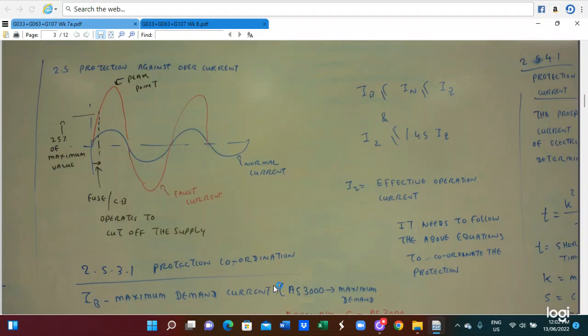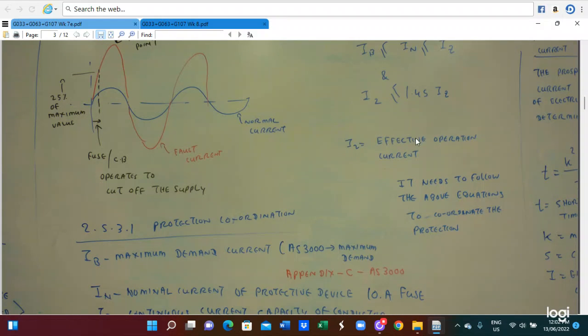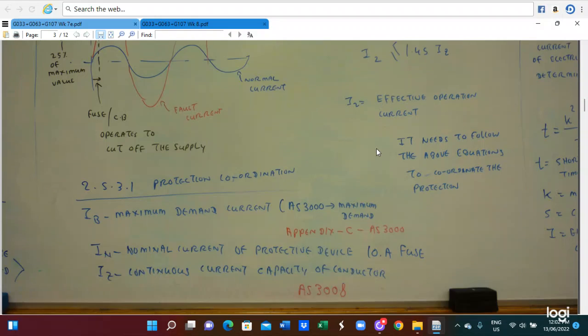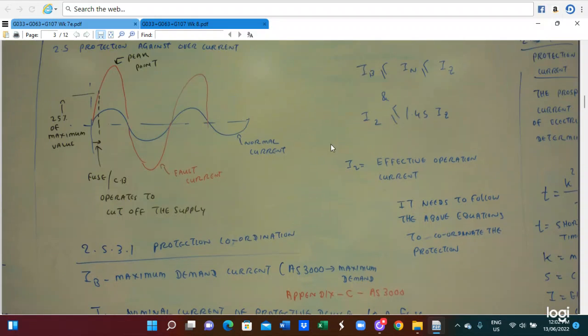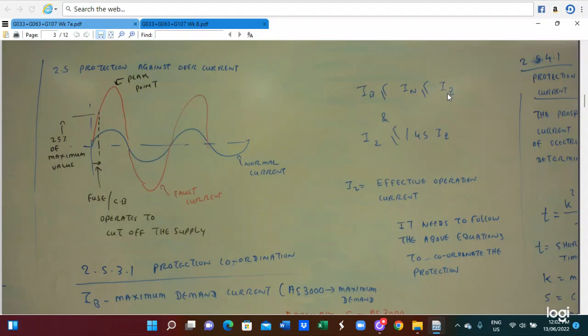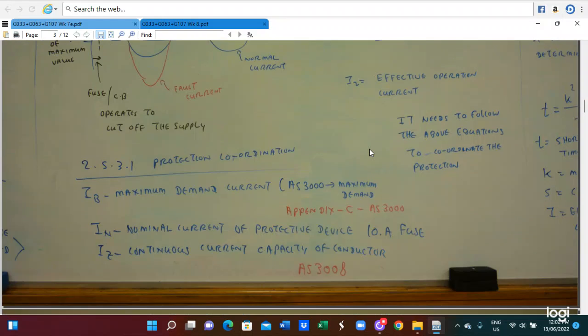So the protection configuration is IB less than or equal to IN less than or equal to IZ, and also I2 is less than or equal to 1.45 times IZ. I2 is the effective operation current. So we need to follow the above equations to coordinate the protection. Therefore, the maximum demand current is less than or equal to the nominal current of the protective device, which is less than or equal to the continuous current carrying capacity of the circuit. This equation must be followed to do the protection coordination.